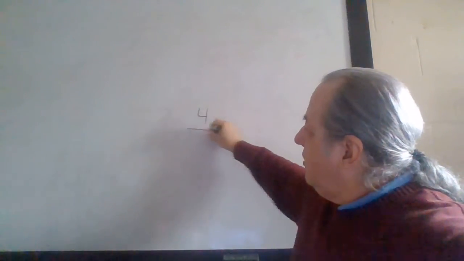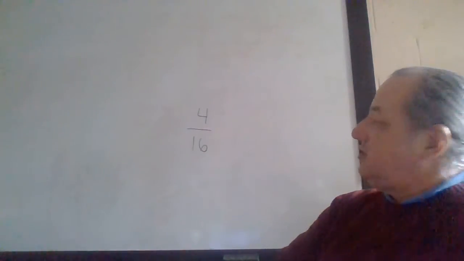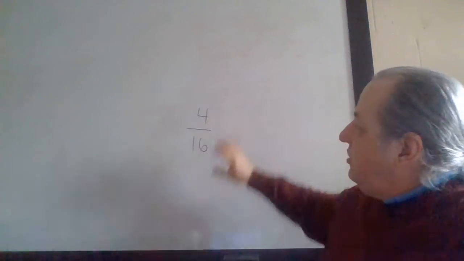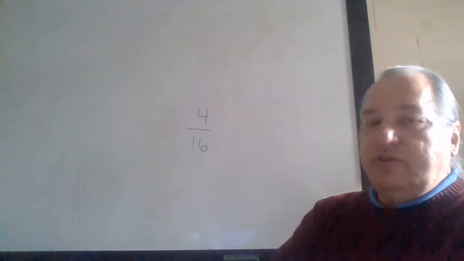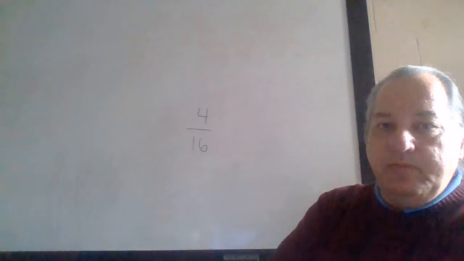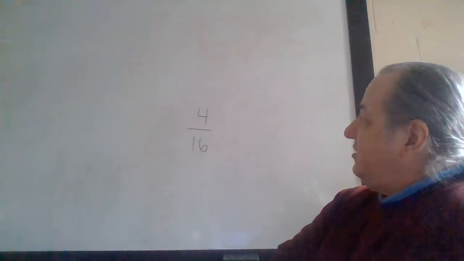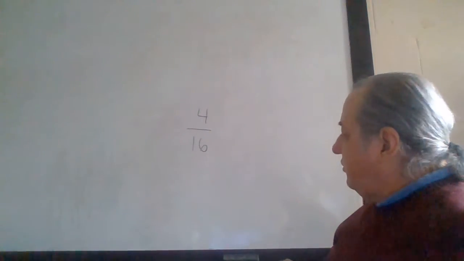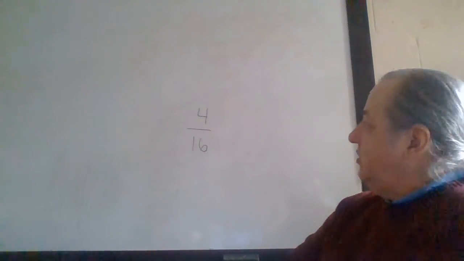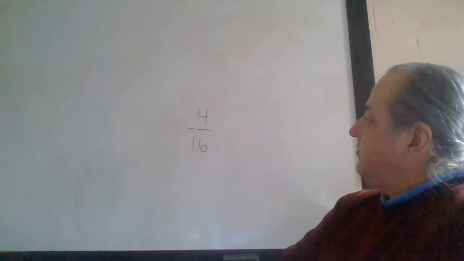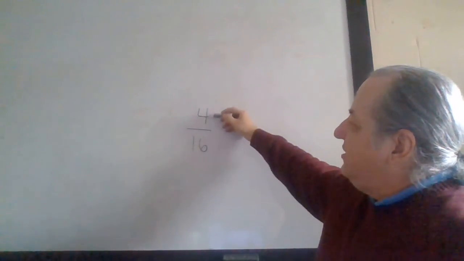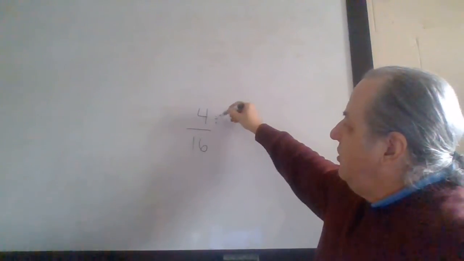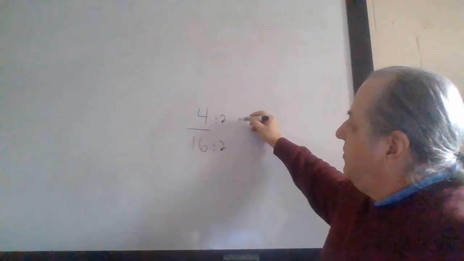So in our last time, you had this teaching to see if you can simplify a fraction. Is this fraction in its simplest form? It is not, since there is a number that can go into both 4 and 16. And you could look at this probably in either 2 steps or 1 step. So for example, I may see that these are both even numbers, so I know 2 goes into both of them.